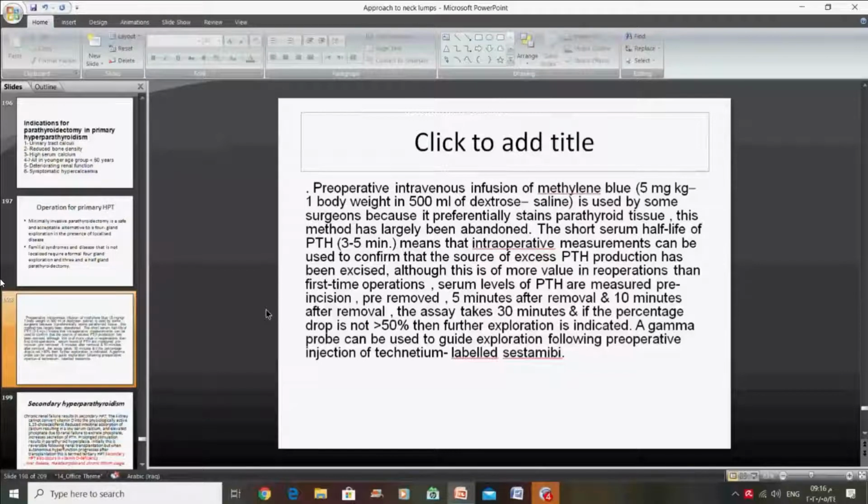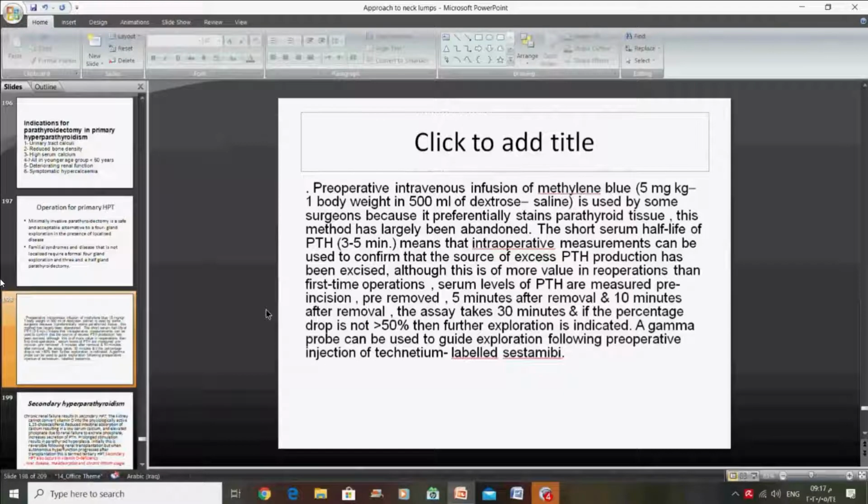The short serum half-life of parathyroid hormone, which is 3 to 5 minutes, means that intraoperative measurements can be used to confirm that the source of excess parathyroid hormone production has been excised. This is more used in reoperations.